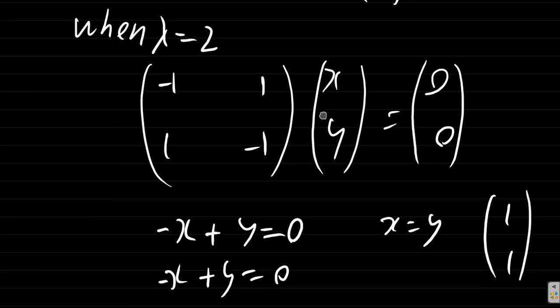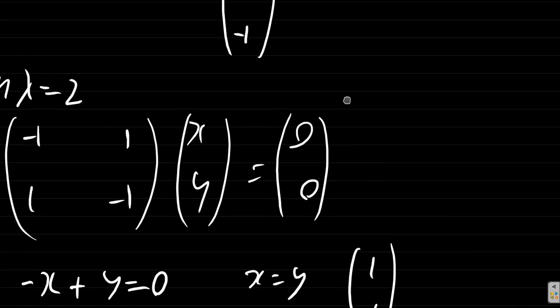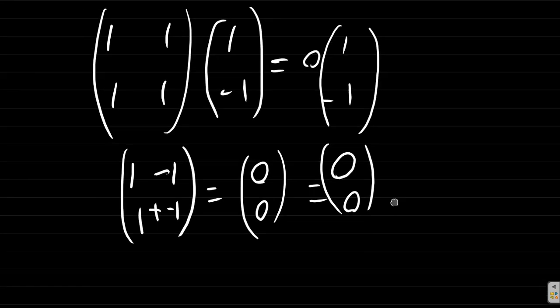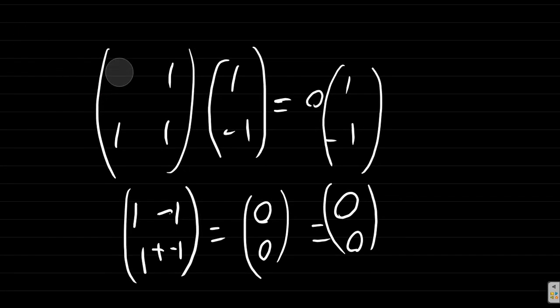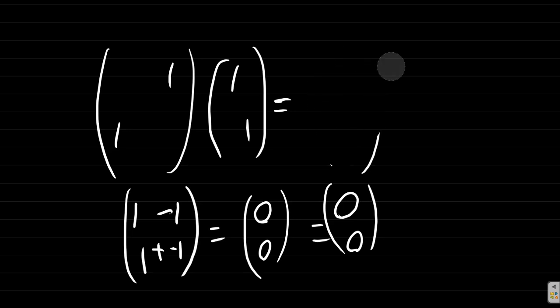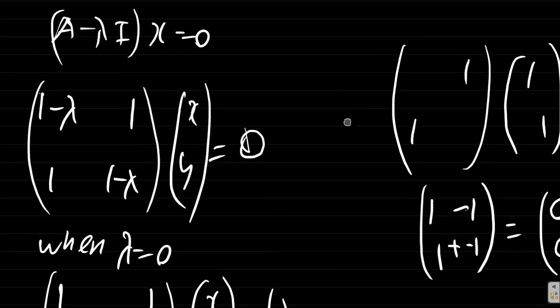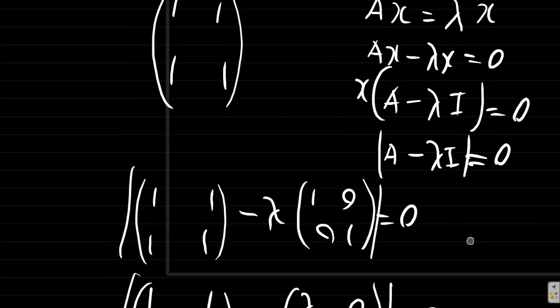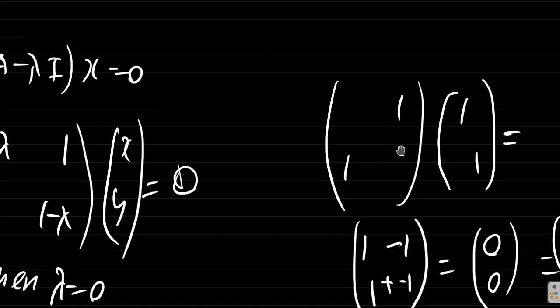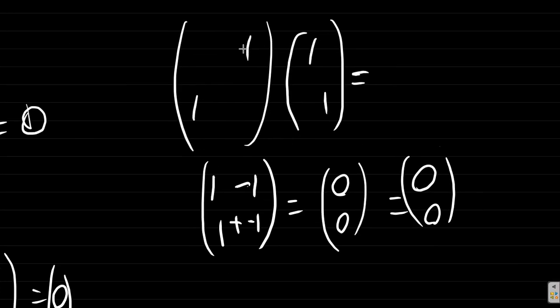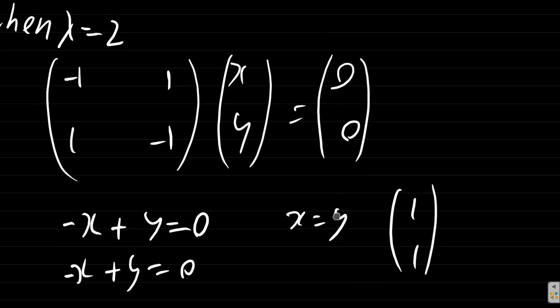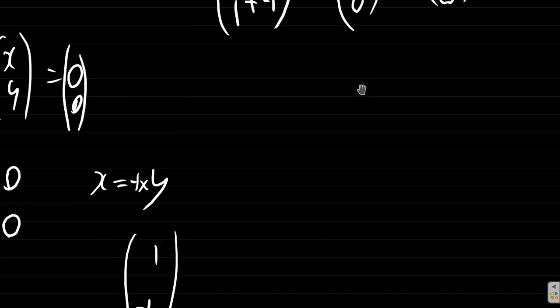Now what about when lambda is 2 and our eigenvector is 1, 1? Let us see. Our eigenvector is 1, 1 and our lambda is 2. So A, our matrix, is 1, 1, 1, 1, times x, our eigenvector, 1, 1.